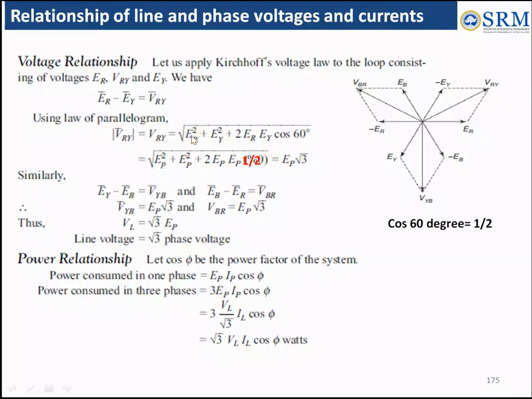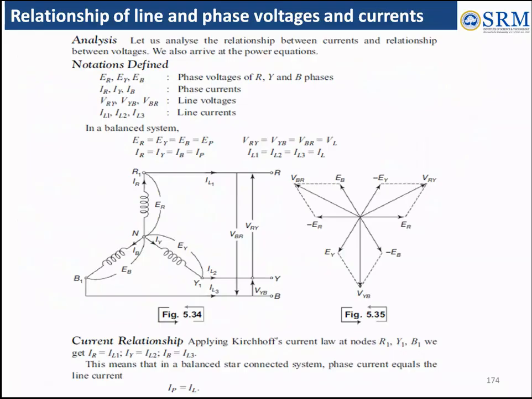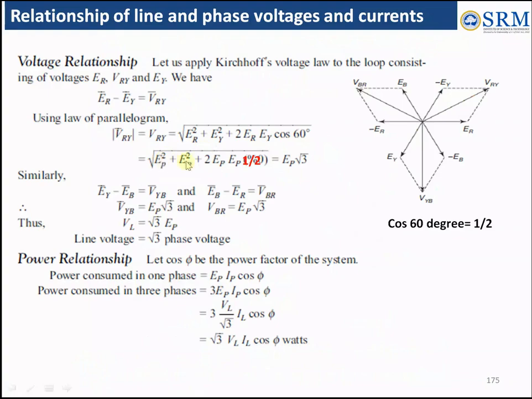We have considered this ER, EY, EB as EP, that is, they are the phase voltages. So if you substitute that, we come to know that it is EP into root 3, because EP square plus EP square plus, again this half gets cancelled, 1 EP square. So 3 EP square will come.